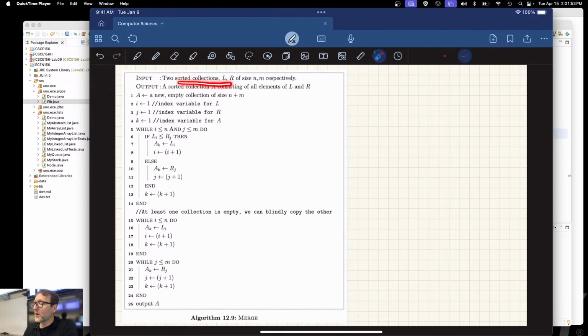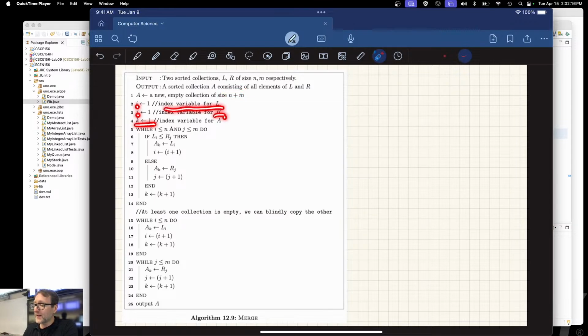Given 2 sorted collections, left and right, of sizes n and m respectively, we are going to merge them together into A. So I'll create A, which is a new empty collection of size n plus m to hold everything. I have my i index and my j index, which is a variable for L and R respectively.